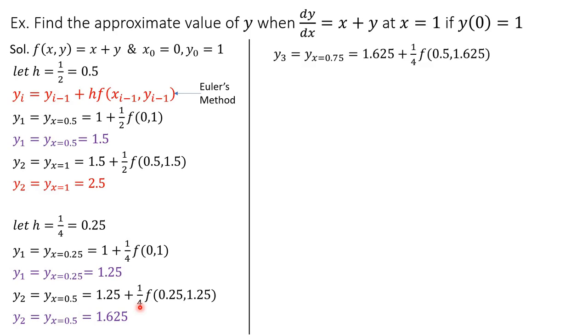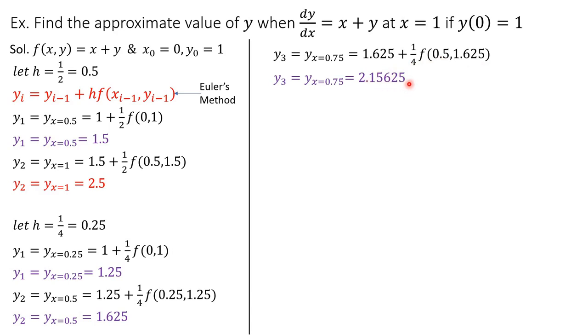Now let's go for the next iteration, y3, that is y at x is equal to 0.75, which will be y2 plus h into f evaluated at x2 y2, which is 2.15625.